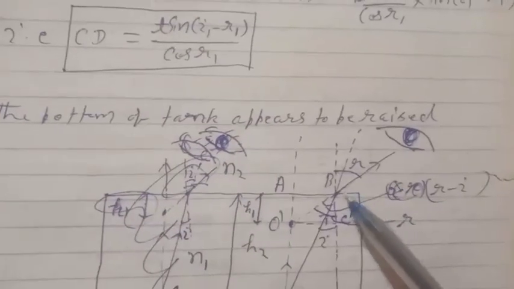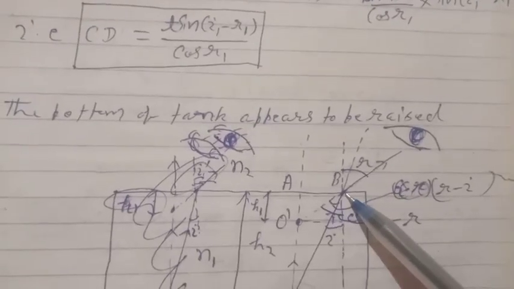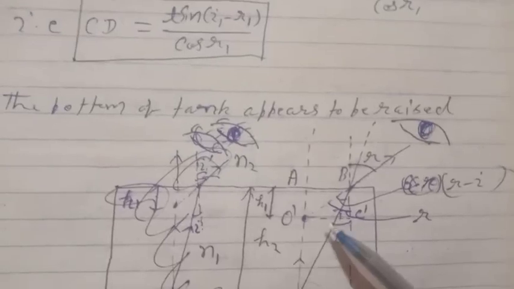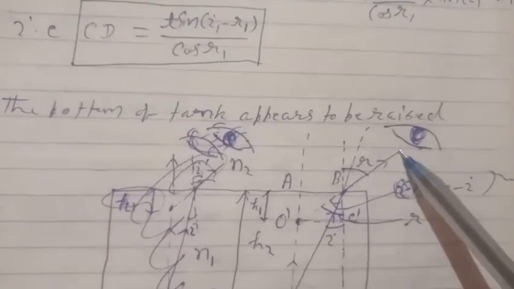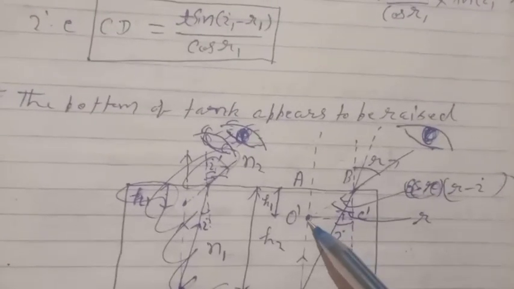Now this ray looks like it is coming from the point O dash, so our eye will experience that the point is at this point.